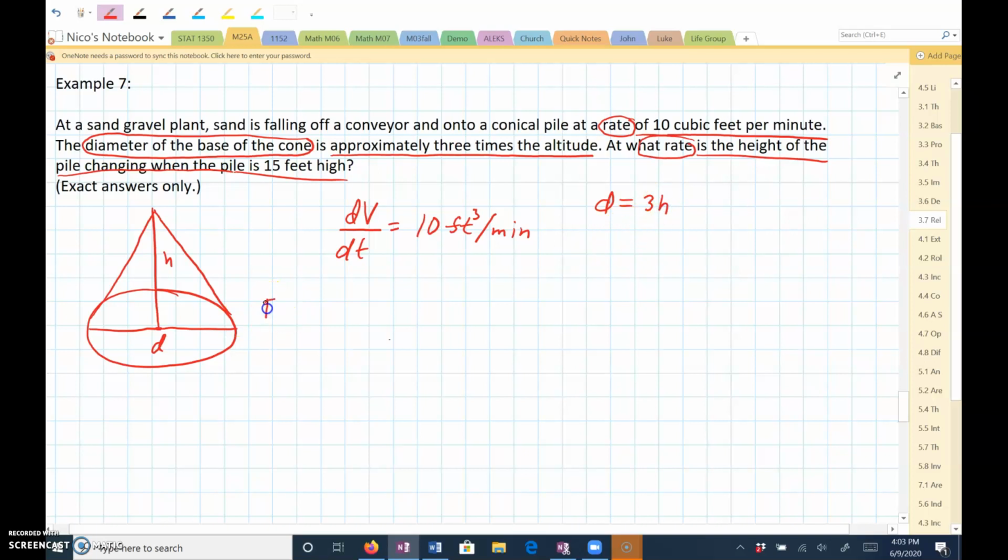They want us to find at what rate the height is changing with respect to time when the pile is 15 feet high. So when h is 15 feet.